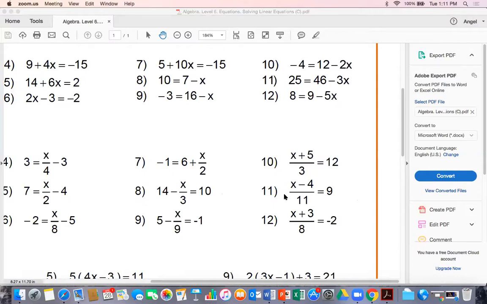So now the whole thing is over 3. So I remove the number at the bottom first. So this is divide 3, I bring over times 3. So I leave the one at the top first. 12 times 3, 36. And then x equals plus 5, I bring over minus 5. So 36 minus 5, 31. So x equals 31.